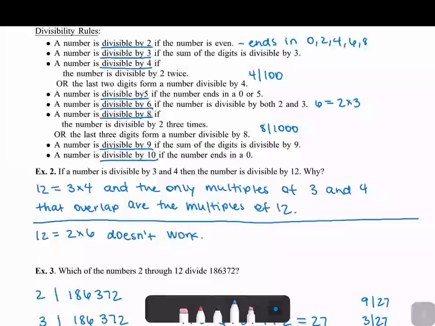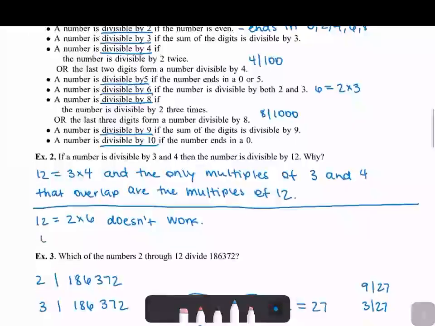So this doesn't work for that reason, but also you can see that we know that 6 divides 18, and we know that 2 divides 18. But if we were to say that a number is divisible by 12 if the number is divisible by 2 and 6, we have that 6 divides 18 and 2 divides 18.